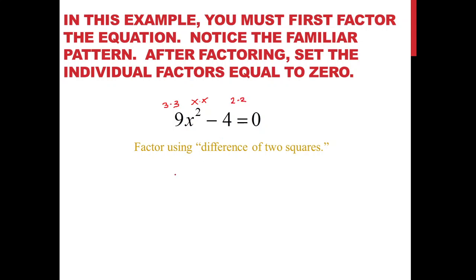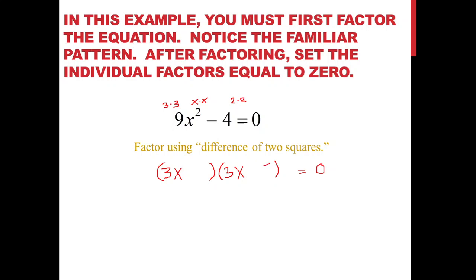The next step is you need to distribute each factor inside this parenthesis and then equate it to 0. So one 3 here and the other 3 here, one x here and the other x here. Notice the location of each factor. 3 and x go together because they belong to the first term.